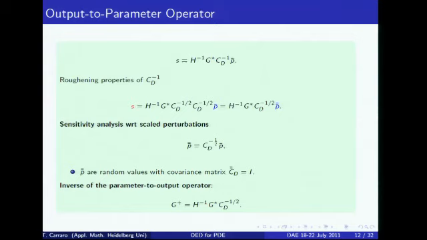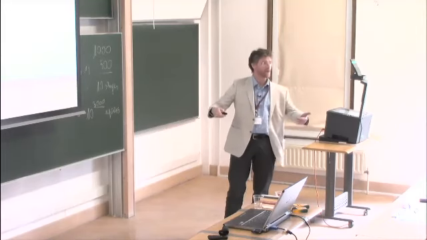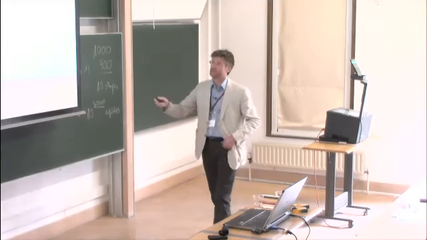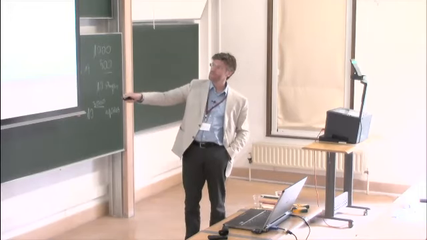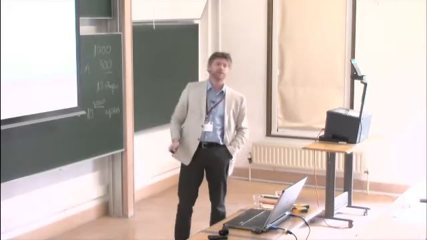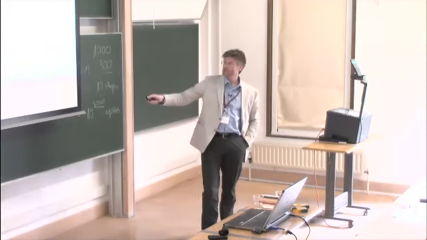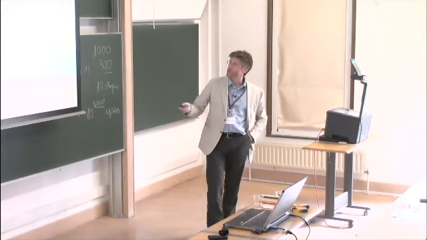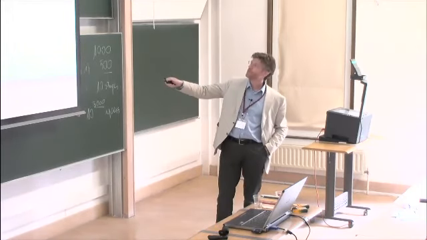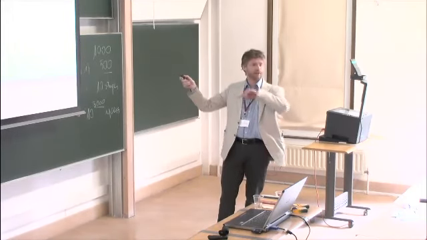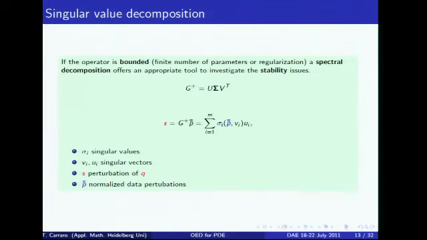That means p double bar are random values with covariance identity. So I have normalized the perturbation in the data, and I get the inverse parameter-to-output operator. So G plus, considering also this scaling, is the inverse of the parameter-to-output operator, so it is like the output-to-parameter operator.